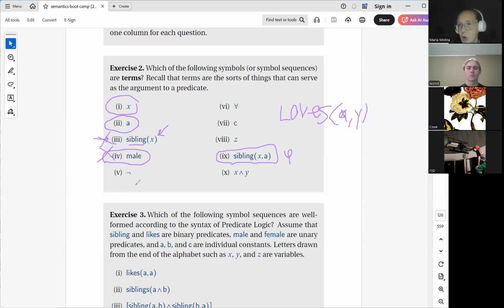Can it be a term? No, it's not a term. What about this operator? Quantifier. Can universal quantifier be a term? No.